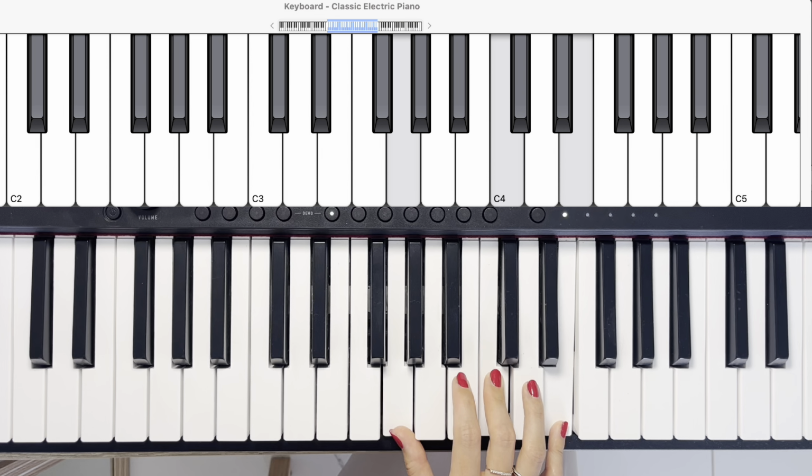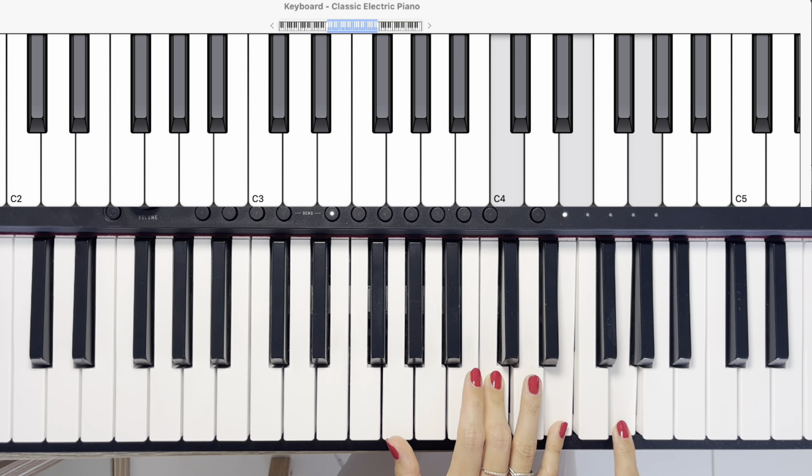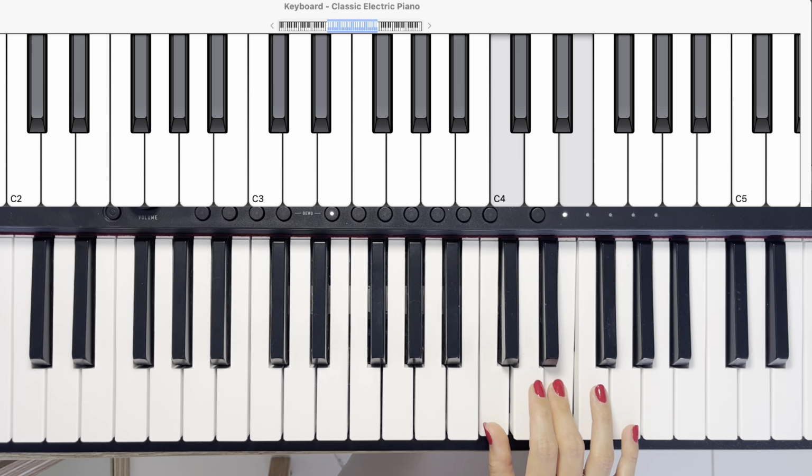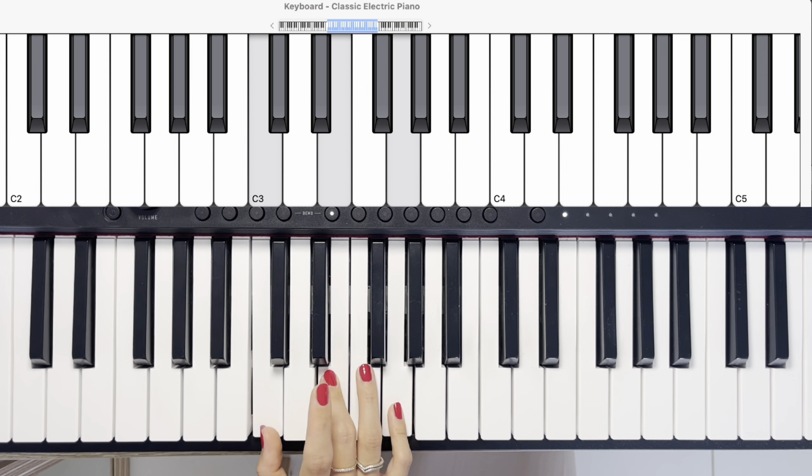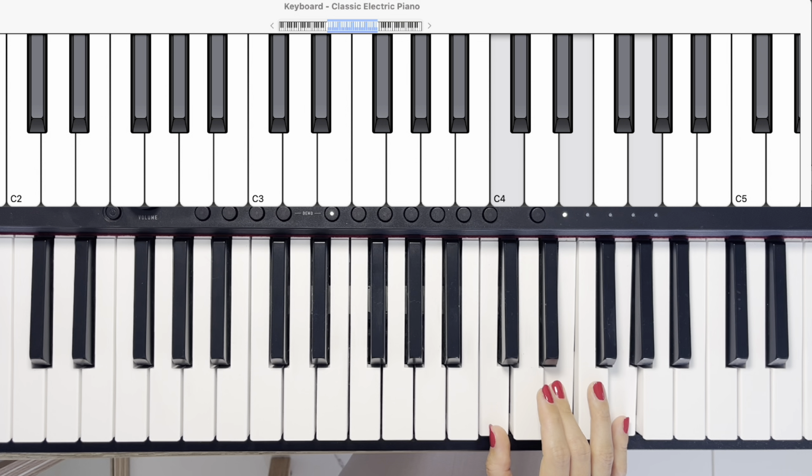And if we do it one more time, we also take this note here, 1 octave up, and we are back at our first chord, okay? This is the same chord we played down here, remember?